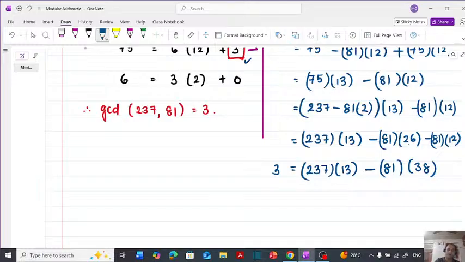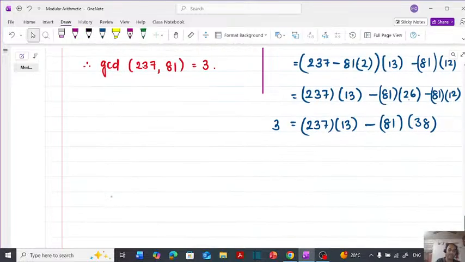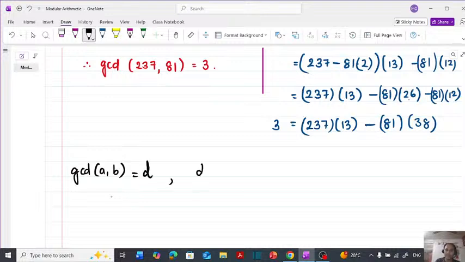So what happens? So the result is like this in Euclid algorithm. Due to Euclid algorithm, the result says that if you have GCD of two numbers a comma b as d, then this d can always be expressed as some am plus bn.